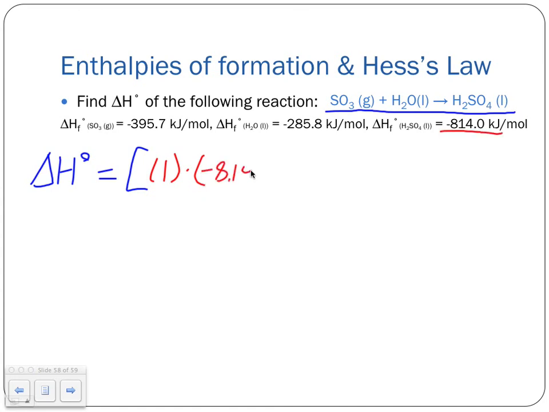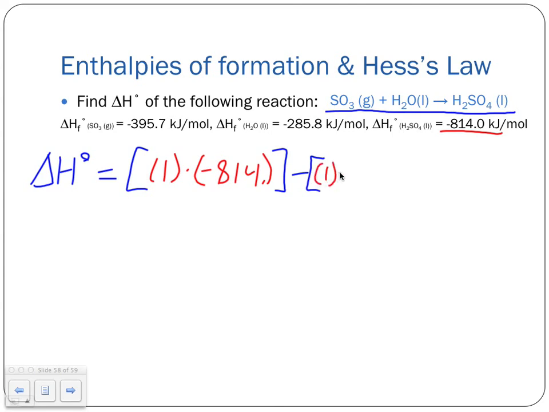Whoops, that should not be a decimal point right there. Let's try that again. All right, negative 814.0. And so that's it for our products. So we're going to go on to our reactants. We're going to subtract off our reactants here. And so our first reactant is SO3. It's got a coefficient of 1.